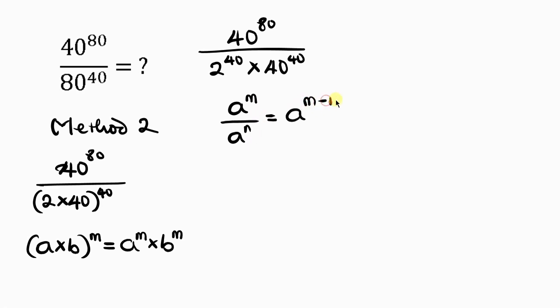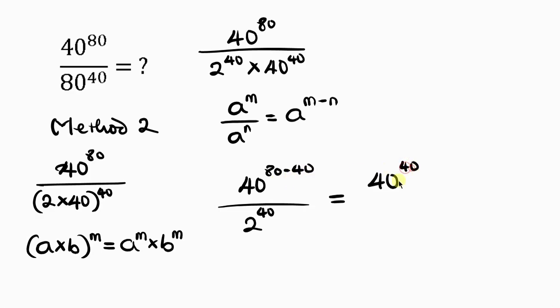So M minus N. I'll be applying this to 40 to the 80 and 40 to the 40, so that it becomes, I'm going to be taking one of the base, which is 40, and I'll subtract the powers, 80 minus 40. And this is being divided by 2 to the 40. Very good. So this results to 40 to the power of 80 minus 40, which is 40, all over 2 to the 40.